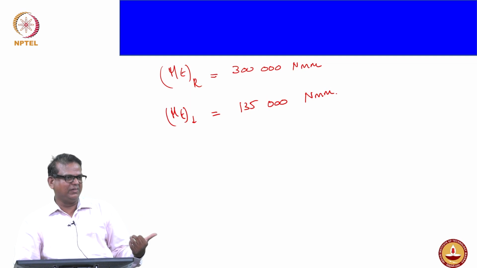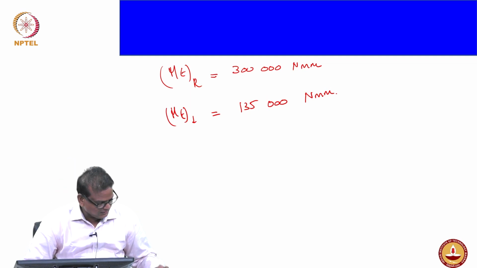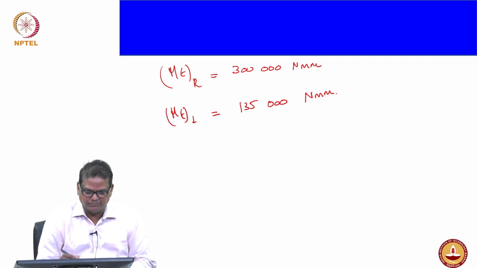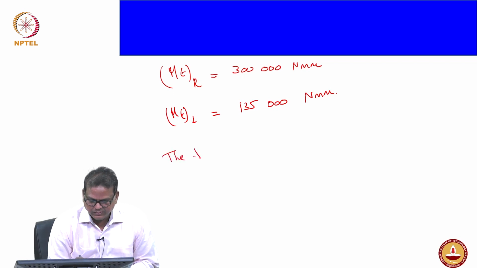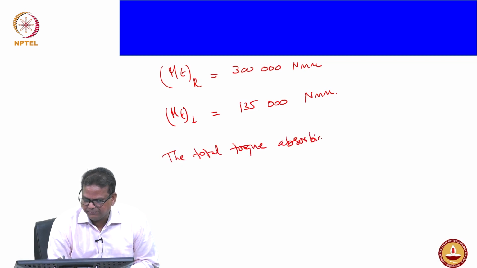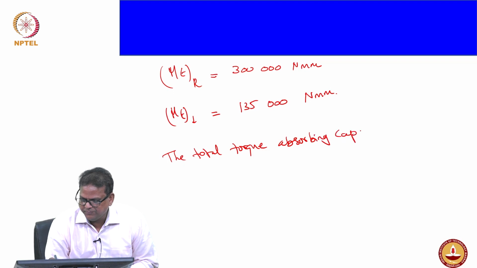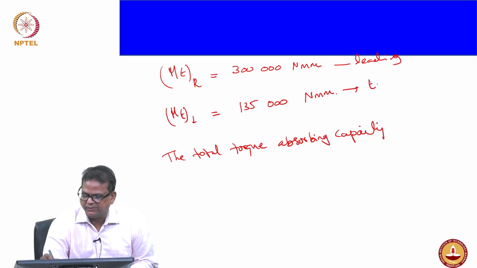So the question is asking the total torque absorbing capacity. That means this is for the leading shoe and this is for the trailing shoe.